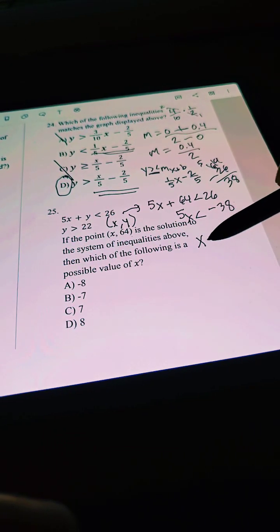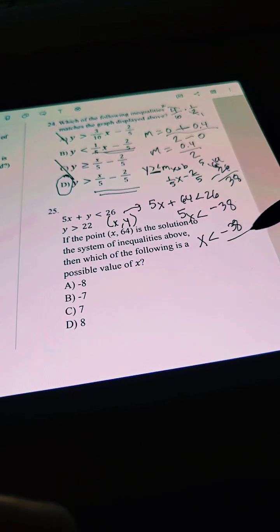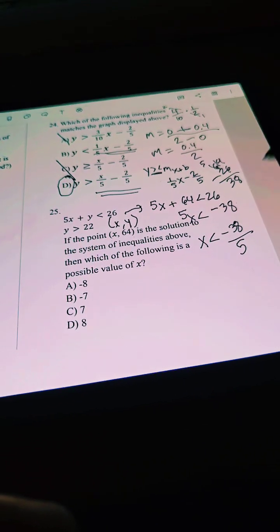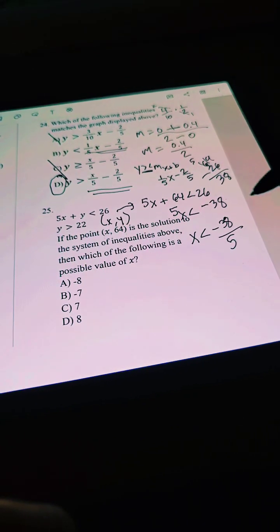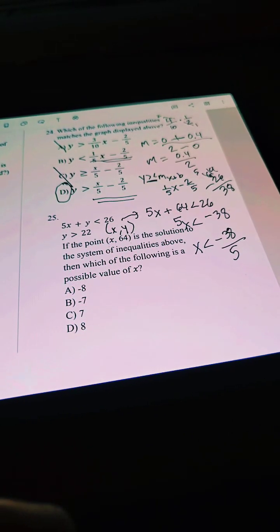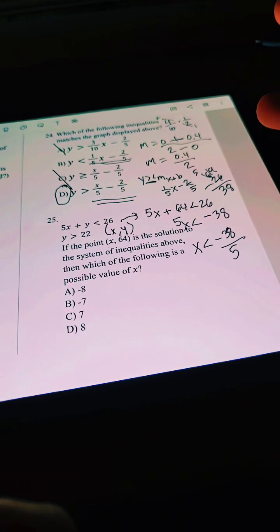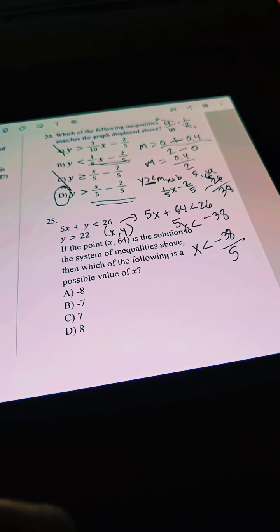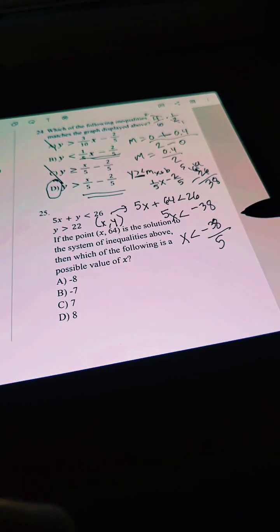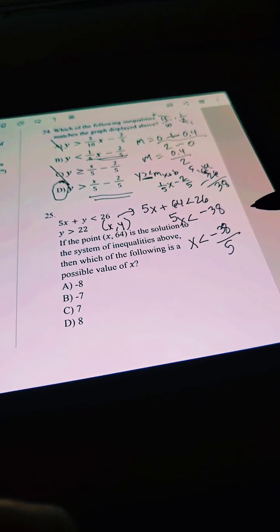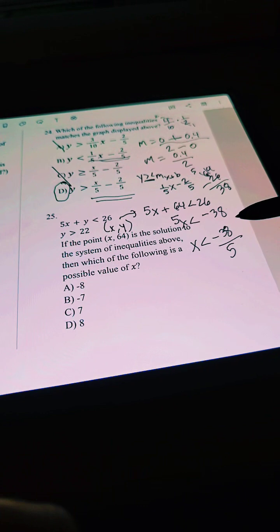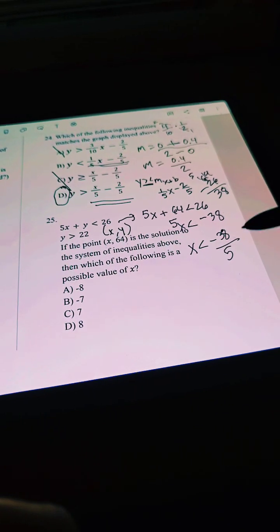So then we divide by 5 on each side. So we get negative 38 over 5. Just like with one of the problems I did a little bit before, you can estimate what integers it would be between. So we know 5 times negative 7 gives us negative 35, and 5 times negative 8 would give us negative 40.